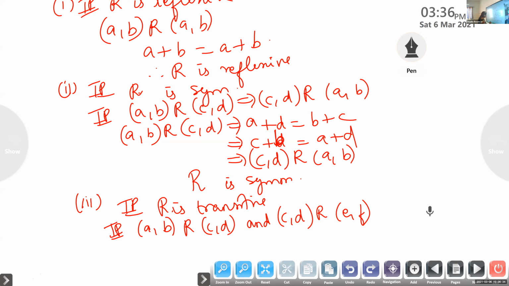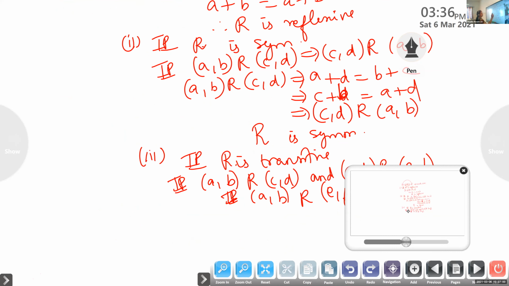We have to prove (a, b) is related to (e, f), isn't it? Is it correct, children? Is it correct, Gauri? We have to prove (a, b) is related to (e, f). Okay? So you start with the first one.